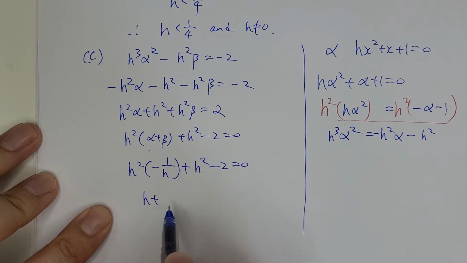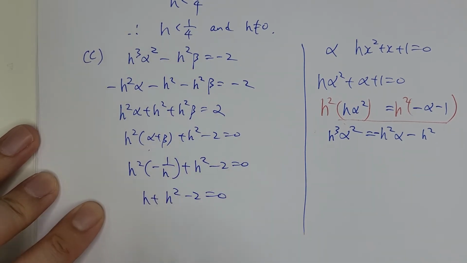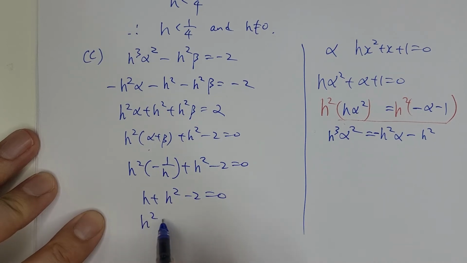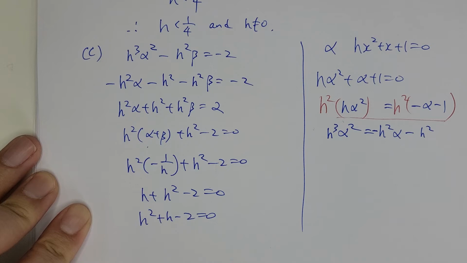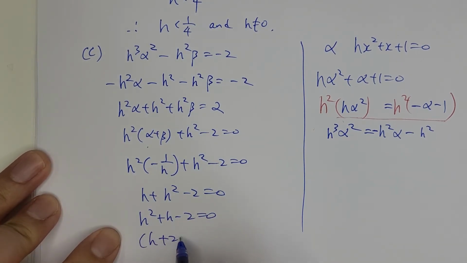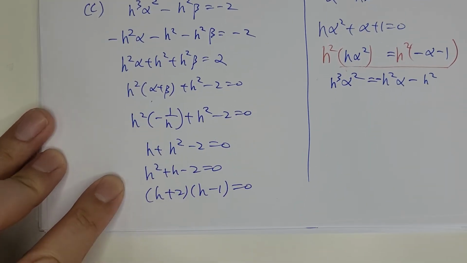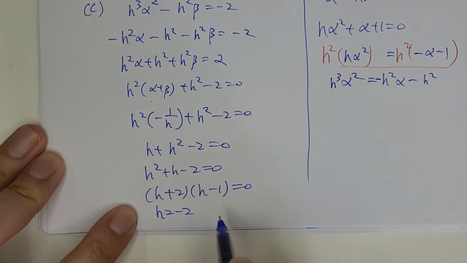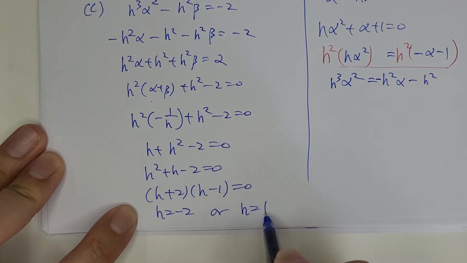So h squared minus 2 equal to 0, and luckily you can set up the quadratic equation here. h squared plus h minus 2 equal to 0. So h plus 2 times h minus 1 equal to 0, you will get two answers. h equals -2 or h equals +1.